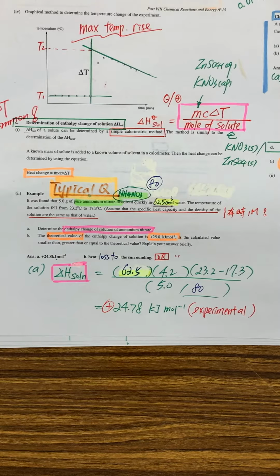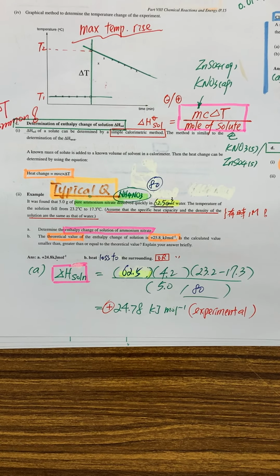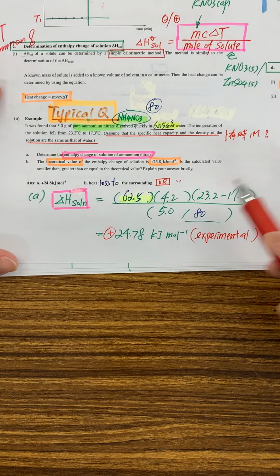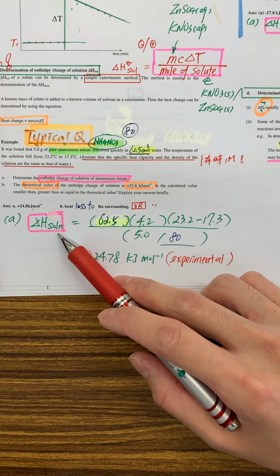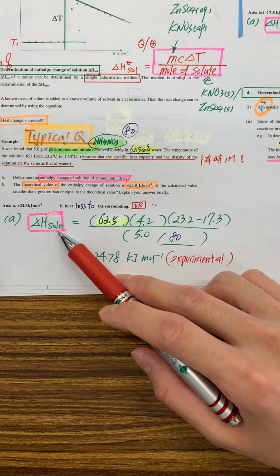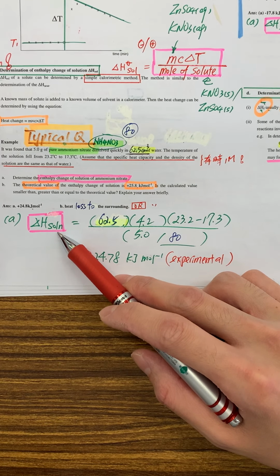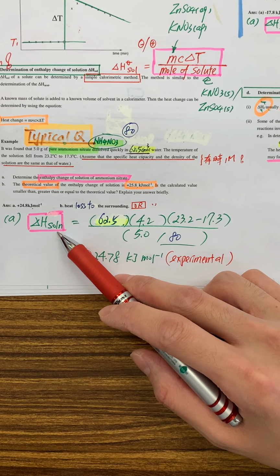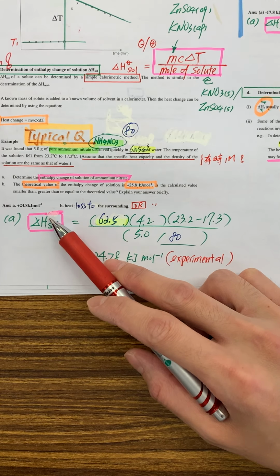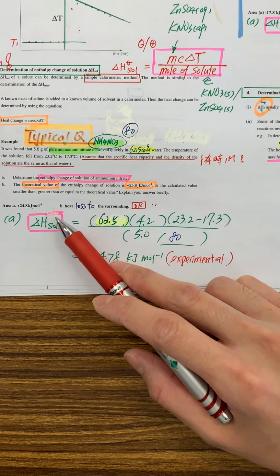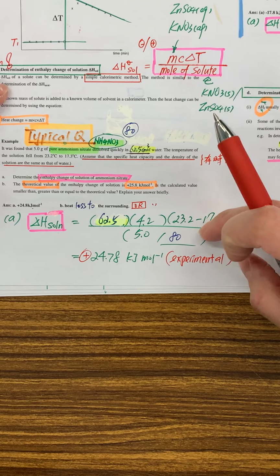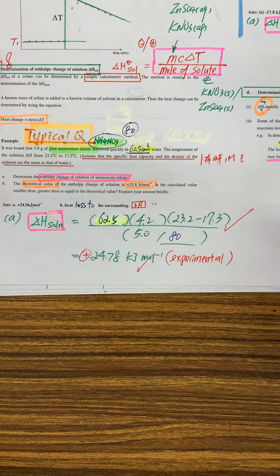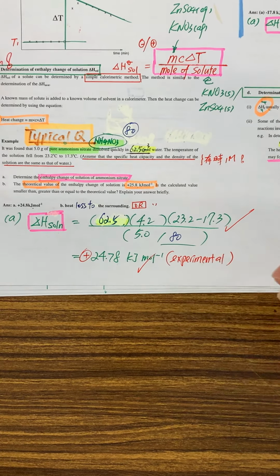And how to get the delta H? Because we cannot tell whether this experiment is carried out under standard condition, I didn't put the naught here. Not writing down the naught is not important. What is important is the data. 1 mark for the formula, 1 mark for the final answer, together with the correct unit.